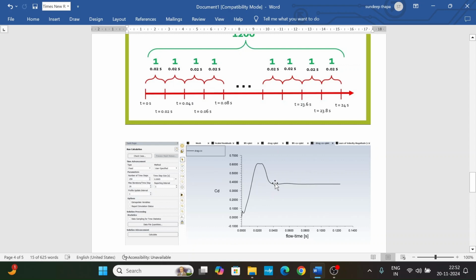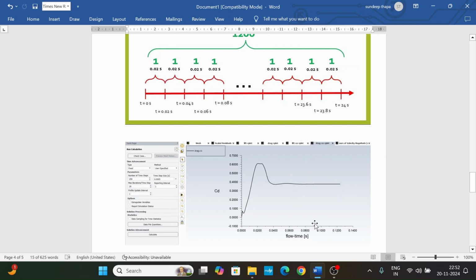It is somewhat a straight line. So we can say that the drag coefficient is not changing significantly from this point onwards, which means for this particular simulation, even though you have done a transient simulation, we have reached a steady state, and that is when you need to stop your simulation.